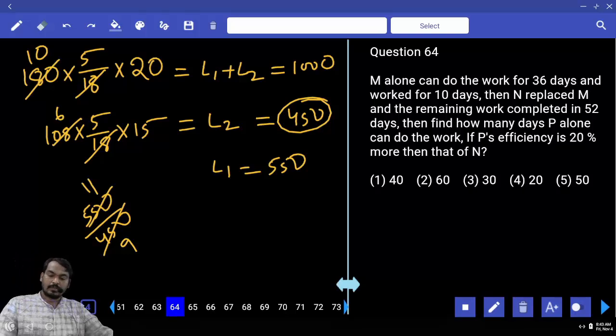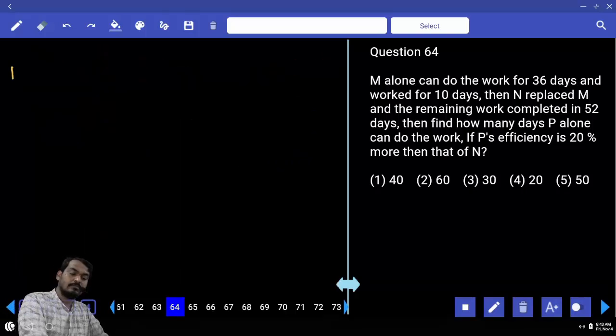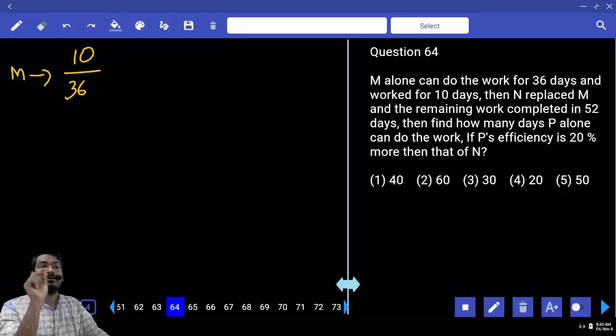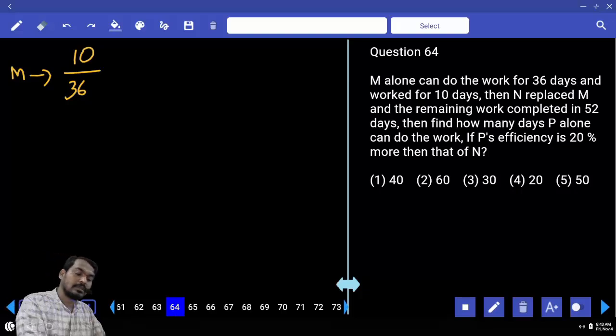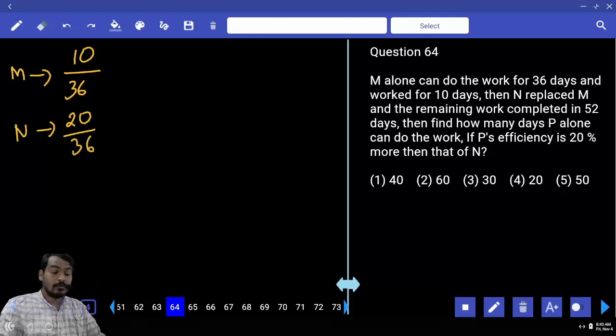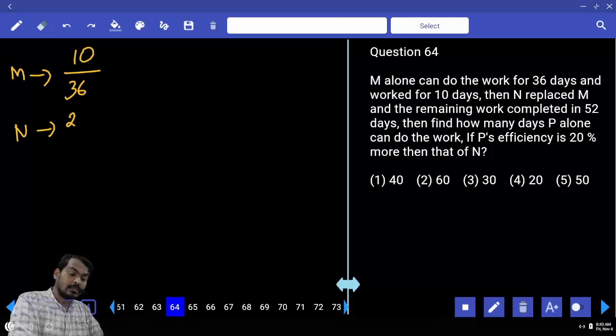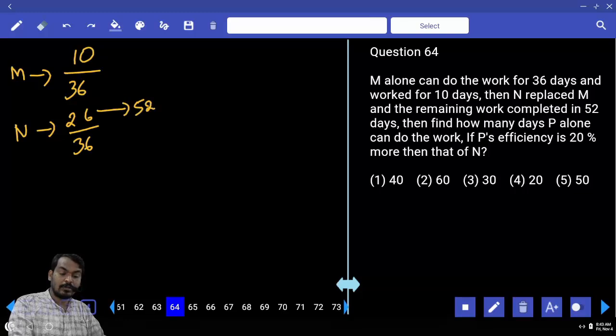First, what is the 1 day work of M? 1 by 36. He worked for 10 days, so how much work is completed? 10 by 36. What is the remaining work? 26 by 36. Means N completed 26 by 36 of the work. 26 parts are completed in how many days? 52 days.